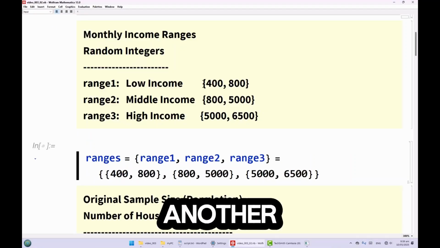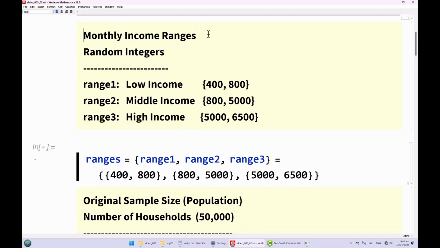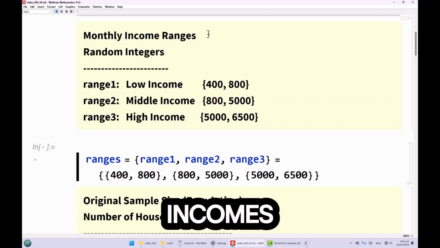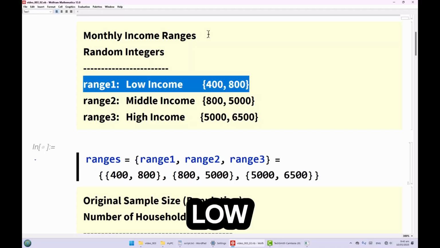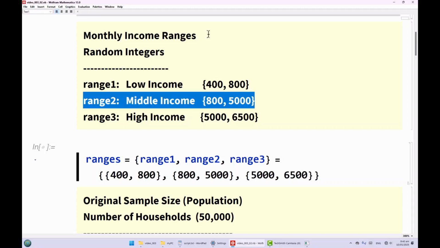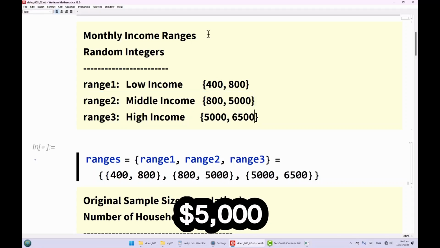Now, let's look into another dimension of the data analysis. The monthly income data is distributed into 3 ranges of incomes. These are random integers or whole numbers. Low income, $400 to $800. Middle income, $800 to $5,000.